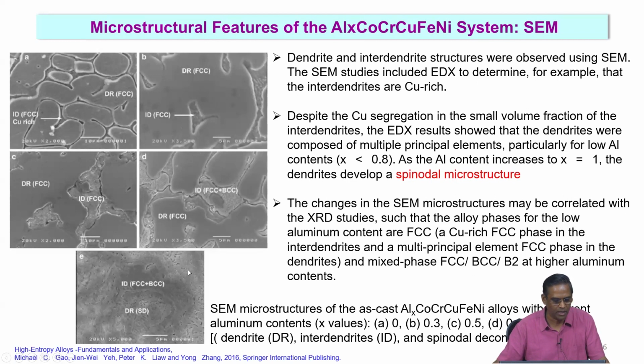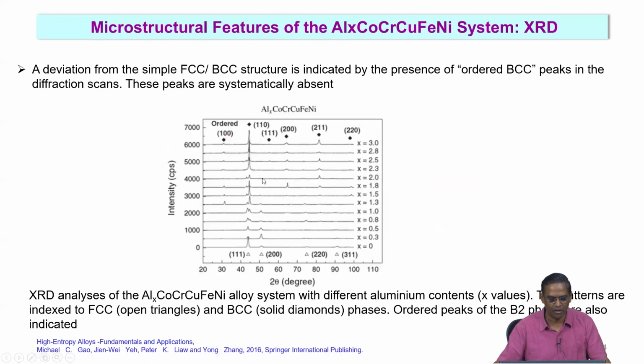We are exactly relating this with the XRD, and it is exactly matching what we have seen, right? As the aluminum content goes up, you start seeing a mixture of FCC plus BCC, and then beyond 1 you see the spinodal decomposition.